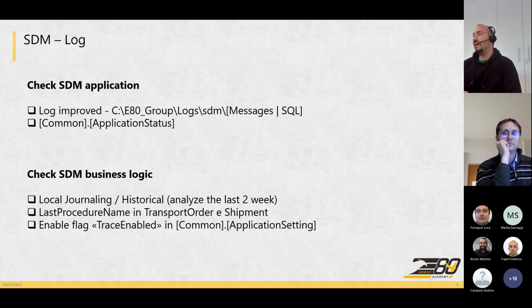So for example, if the edge manager render goes into a timeout, you will see in the message text the message related to the LG manager render timeout expired and so on. In common procedure error, maybe you can find information about deadlock, about stuff that can cause the timeout, for example.